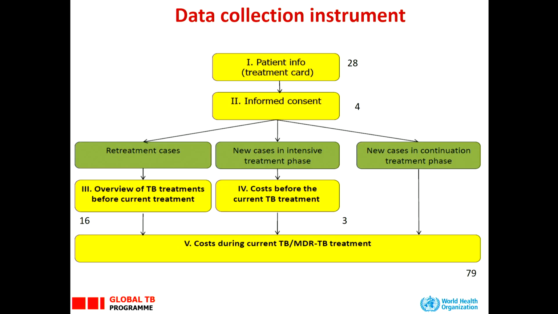So for example, new cases that are in continuation phase would answer part 1 and part 2 in the informed consent, and then go straight to part 5. And the others would have to answer part 3 and part 4. The number of questions appears next to the part. So you can see that for the cost before current TB treatment, we don't ask many questions on that part, which might explain some of the results that you will see later.